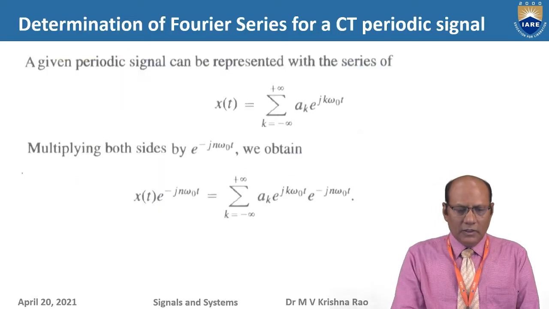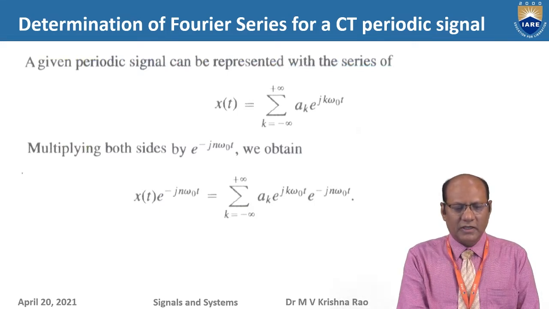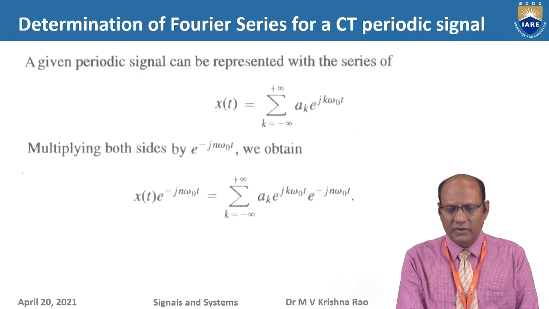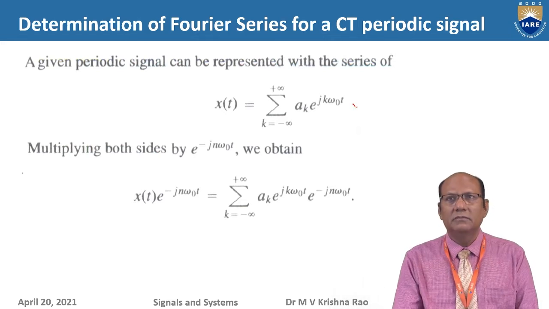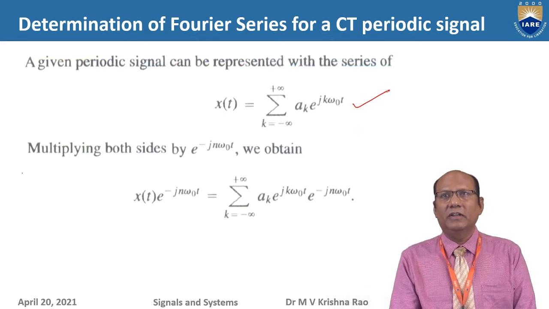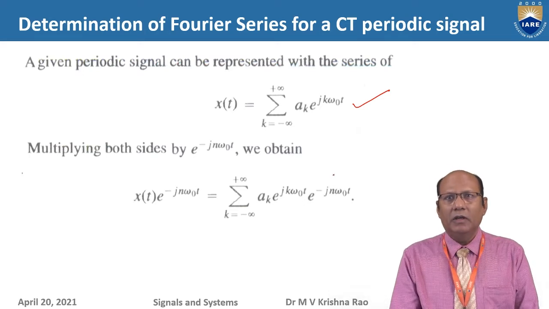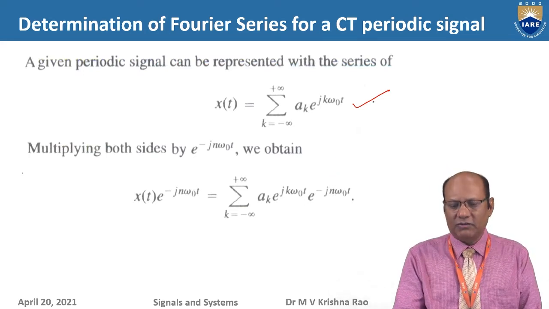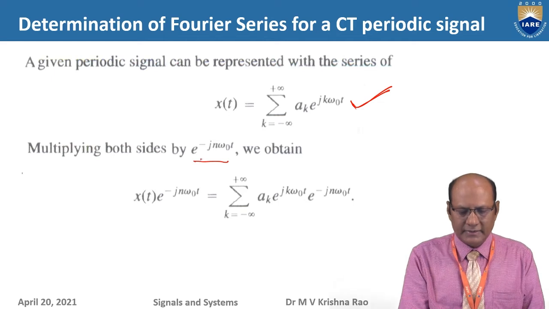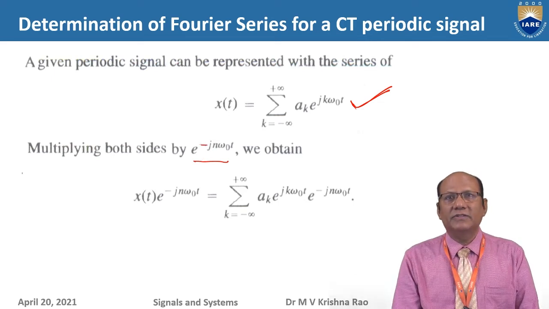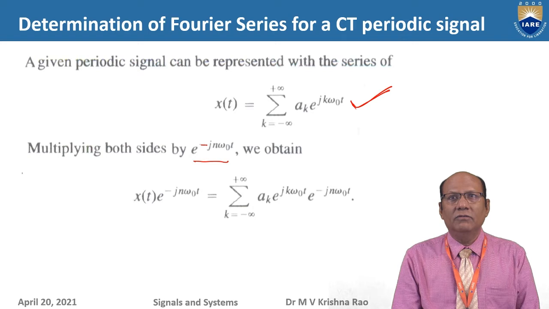With this background, let us start our topic, the determination of Fourier series of a periodic continuous time signal. This is the expression for the Fourier series expansion, and let us multiply this equation on both sides, left side and right side, by e to the power of minus j n omega naught t.